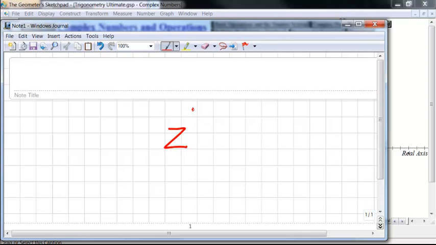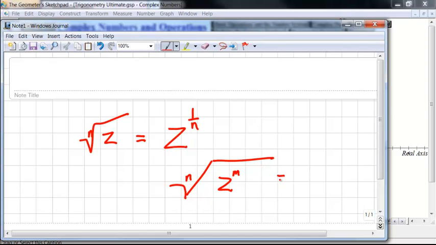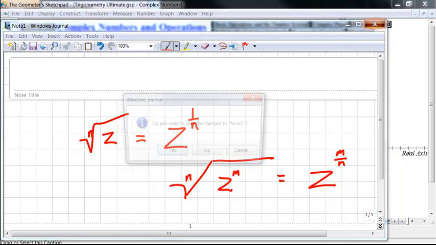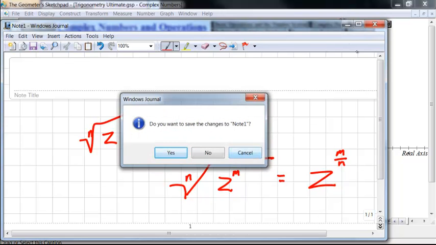So if we have z to the 1 over n, that's the same thing as saying the nth root of z. And of course, we've seen this before too. One way we could write this, the nth root of z to the m, is z to the m over n power. So the rules of exponents still work.